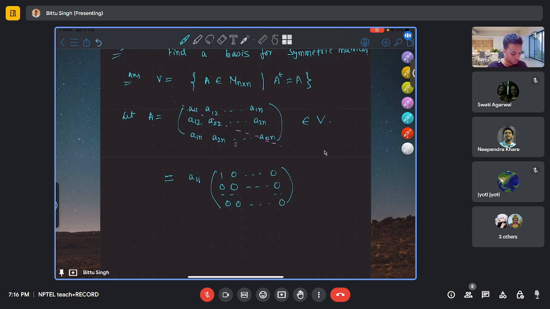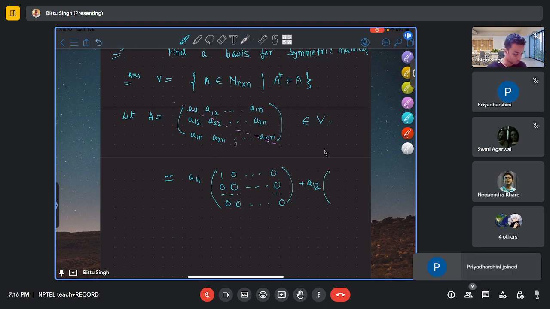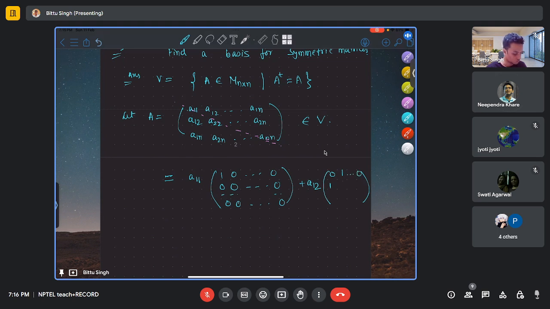Okay. Now, if you take A12 out, then what will be inside? It will be a matrix with 1 in the (1,2) position, and also 1 in the (2,1) position, and everything else will be 0.